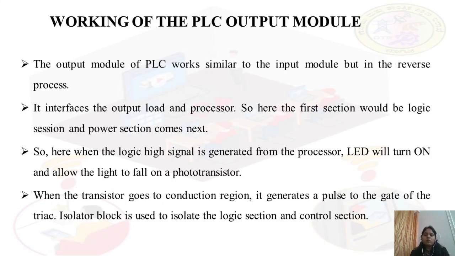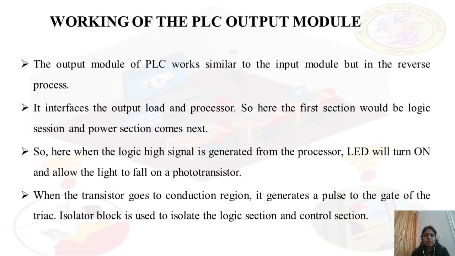The output module of a PLC works similar to the input module but in the reverse direction. They are from input module to CPU, and in the output module it is from CPU to output module. It interfaces the output load and processor. So here the first section would be the logic section and the power section comes next.